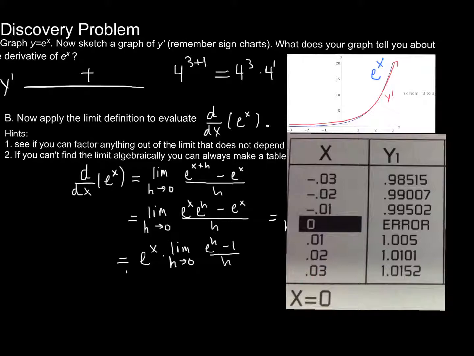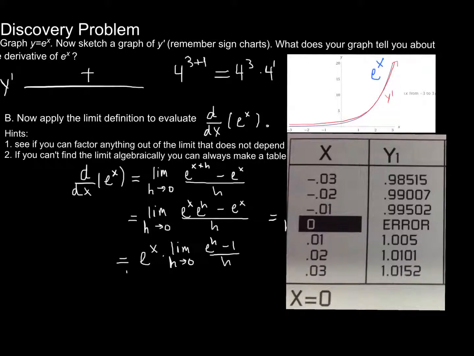As I approach from the right-hand side with positive values, these are the values I get. And of course, when I plug in 0, I get an error, because I'm taking the limit. I know already that I'm expecting it to be undefined. What do these values appear to be getting closer to? You might hypothesize they're getting closer to 1. Let's take a look at the graph to confirm.